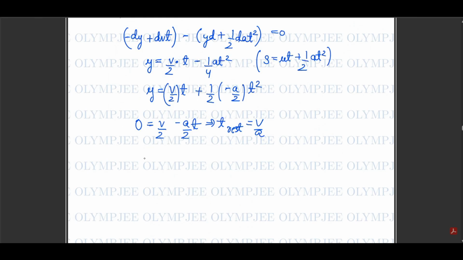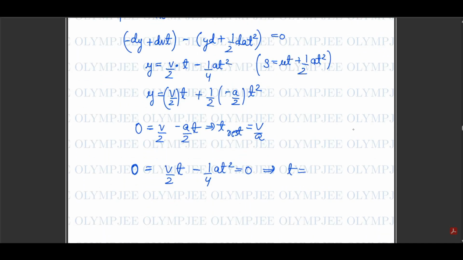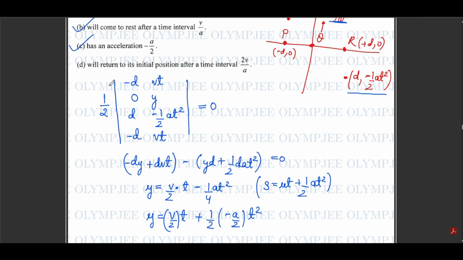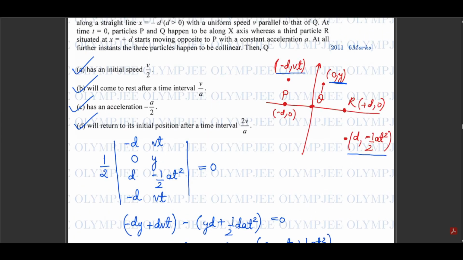For returning to the initial position, the displacement will be 0, with initial velocity v by 2 and acceleration term 1 by 4 at square, is equal to 0. So this will give us time is equal to 2v by a. So option D is also correct. So the answer is A, B, C, D.